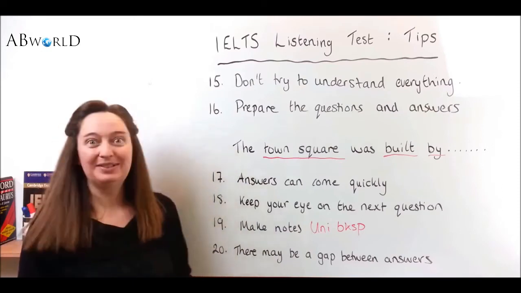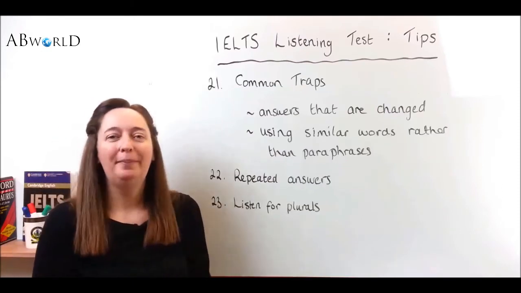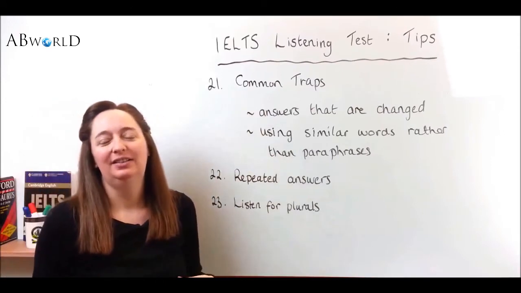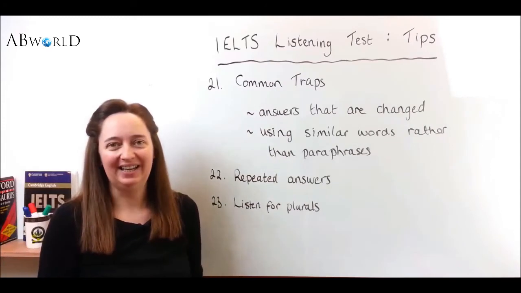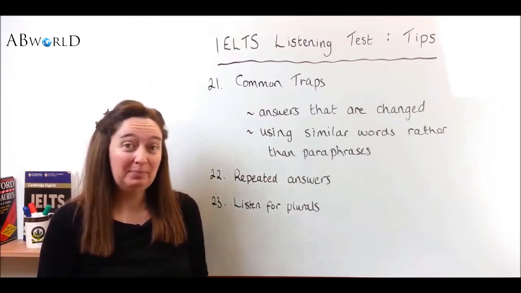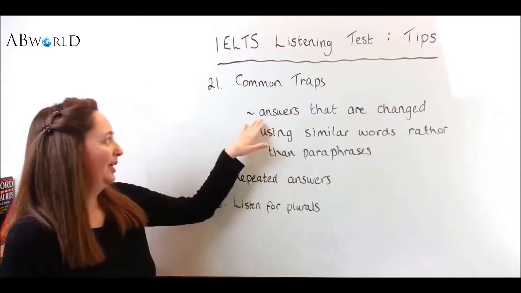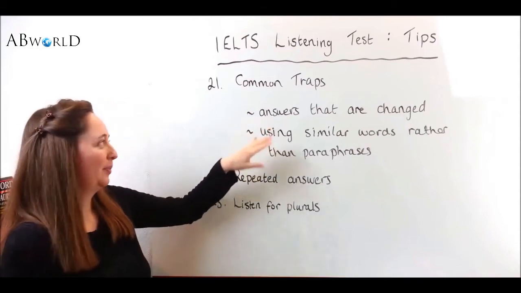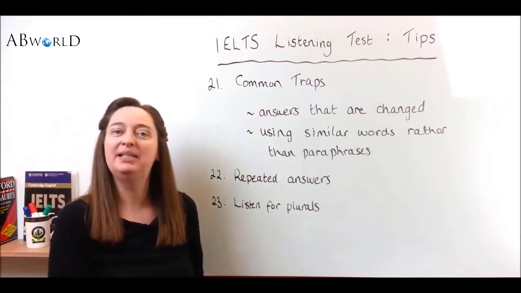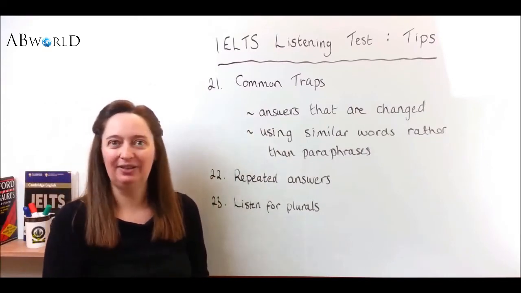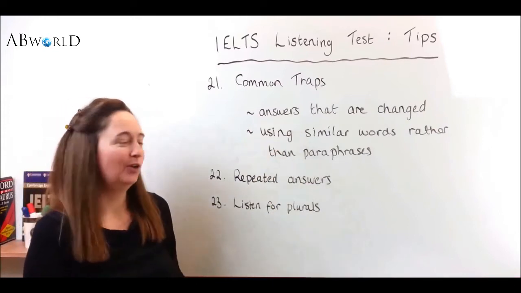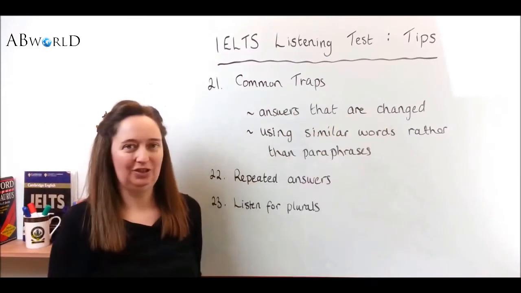So let's move on now. Tip 21. Common traps. These are ways that IELTS really try to test your understanding and your vocabulary. Now, I'll give an example of a common trap. This is when the answers are given. So, for example, shall we meet at 7 o'clock? Yes, definitely. Let's meet at 7. So we've got the answer, 7 o'clock, but then it's changed.